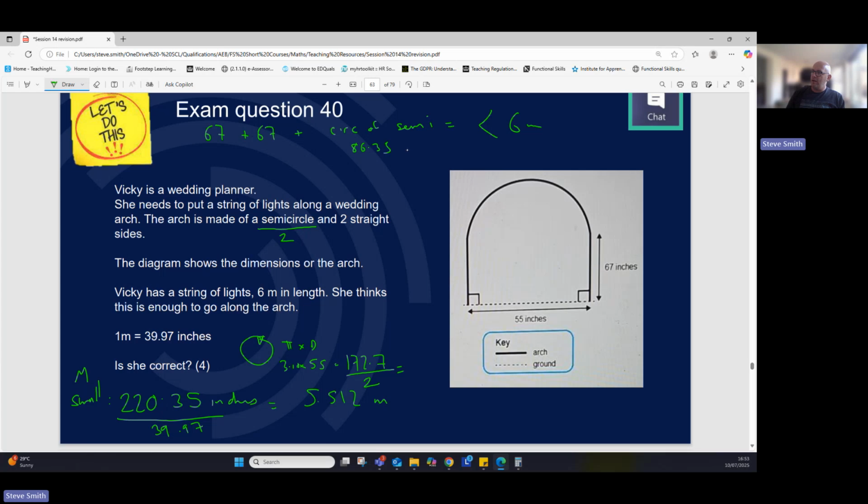Is it smaller than 6? Absolutely. Has she got enough? Yes, she has enough.